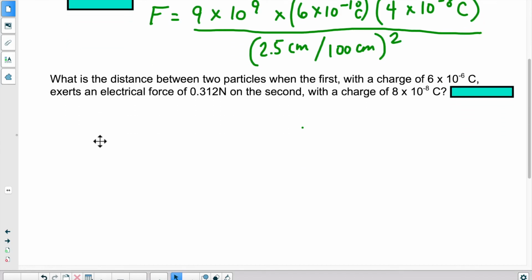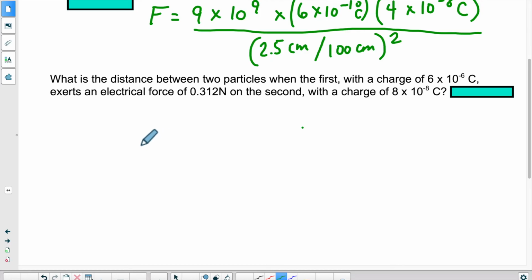Okay, next we have, what is the distance between two particles? Let me just grab my pen again. Between two particles when the first, with a charge of 6 times 10 to the negative 6 Coulomb, exerts an electrical force of 0.312 Newton on the second, which has a charge of 8 times 10 to the negative 8 Coulomb.